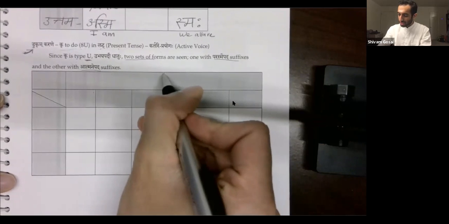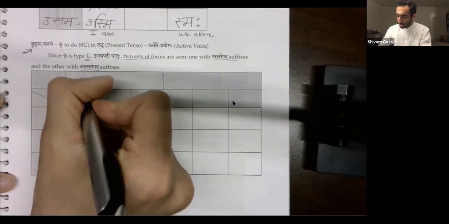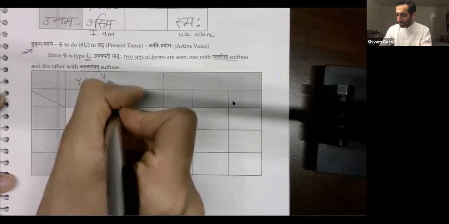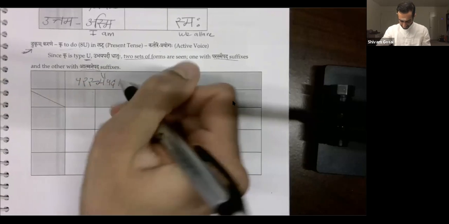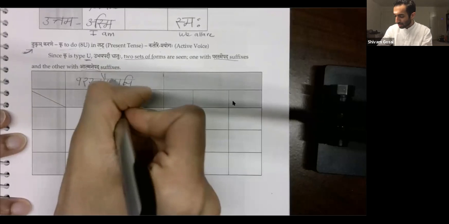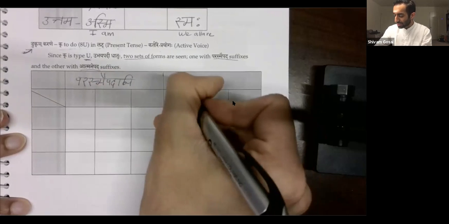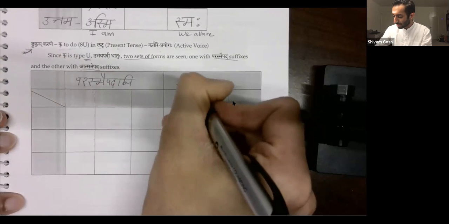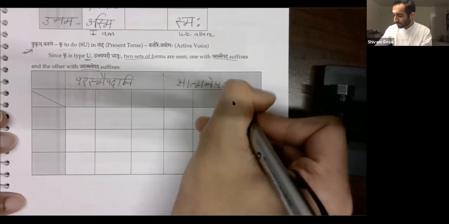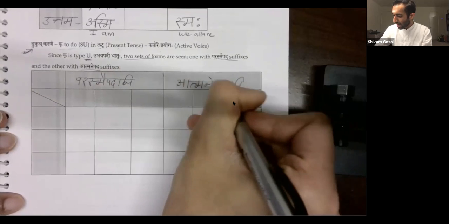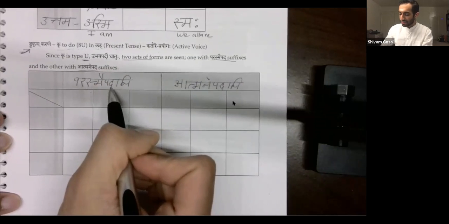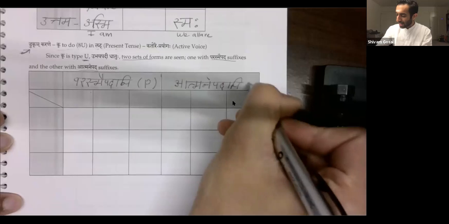So you see how this chart is so big, so we need to split it up between parasmaipadani, plural because there are multiple, and atmanepadani. Because it's ubhayapada, it can take either P suffixes or A suffixes.